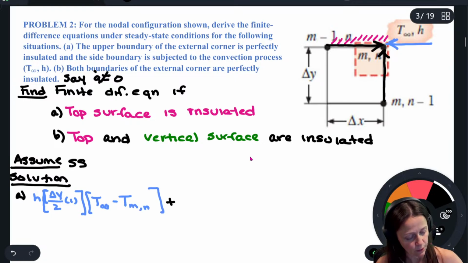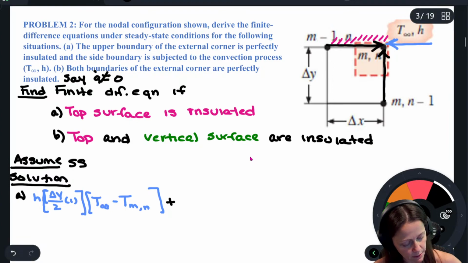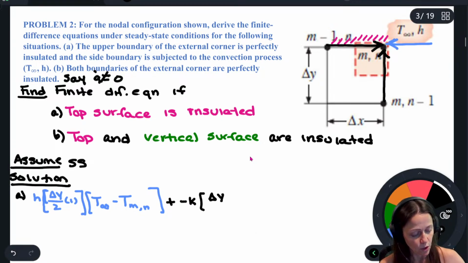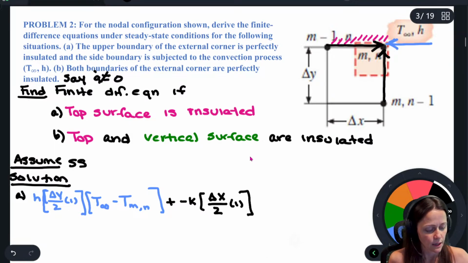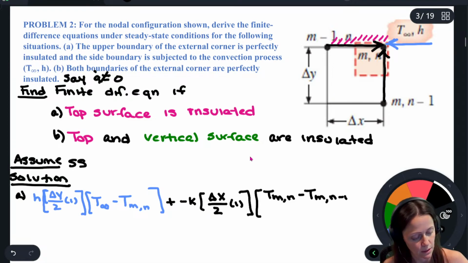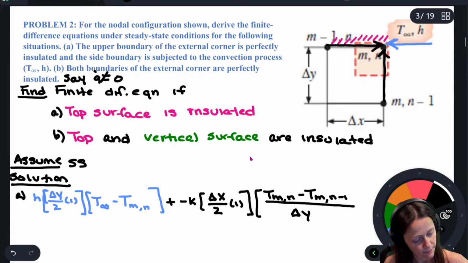Now we'll go to the Q by conduction coming up from the bottom. That's going to be negative k. And that area, again, is a half area, so it's delta x over 2 times the 1 into the screen, times T m,n minus T m,n minus 1, and the distance between those is going to be delta y.